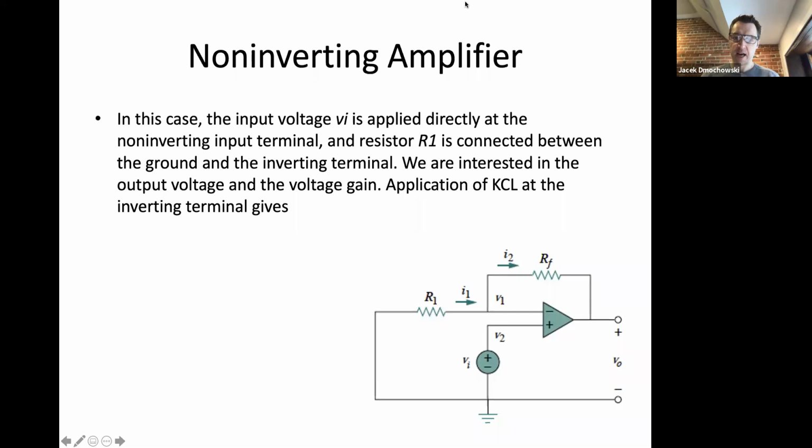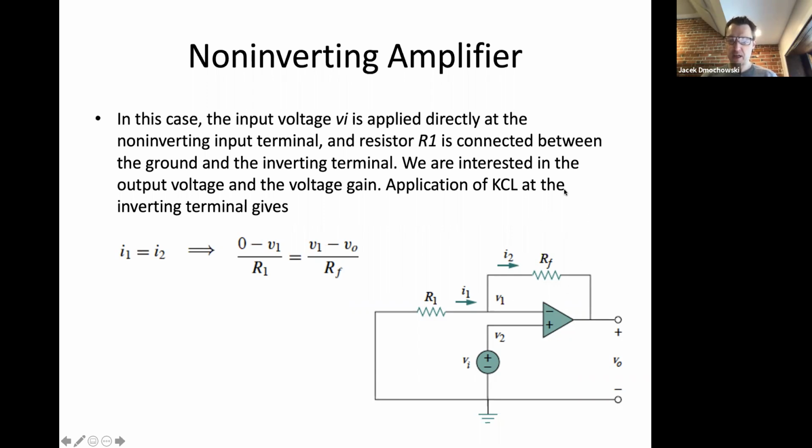So now let's apply KCL at this node here, at node 1. So we know that I1 has to equal I2. So I1 is equal to 0, because this node is grounded, minus V1 divided by R1. I2 is equal to V1 minus V0 divided by RF. Right?